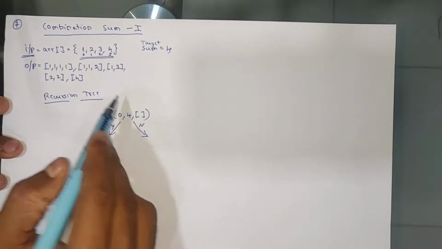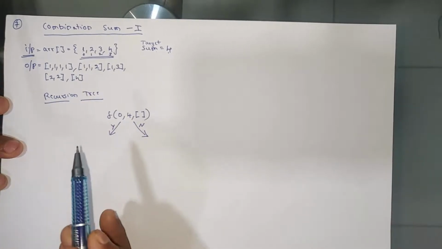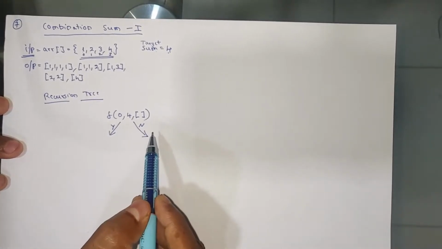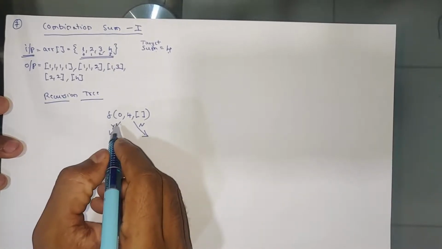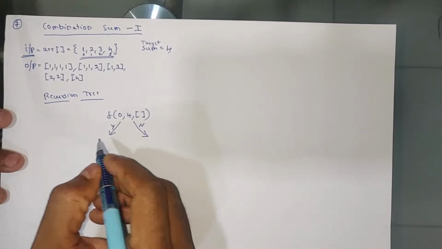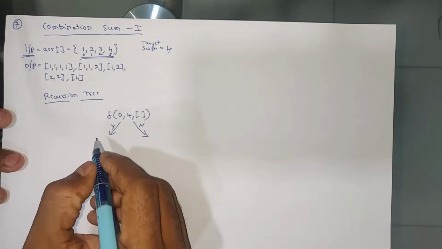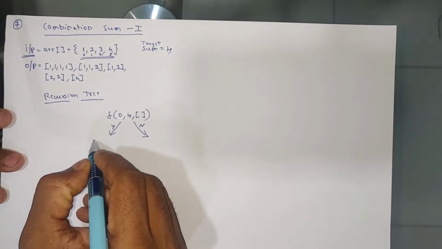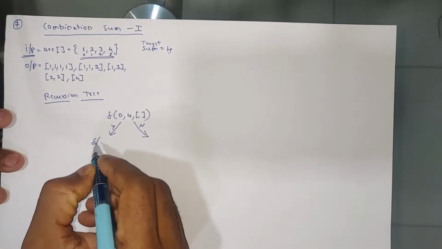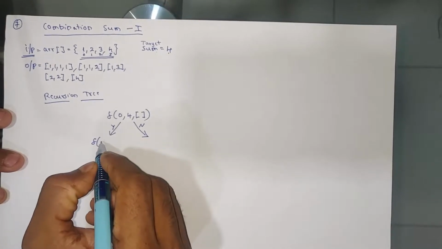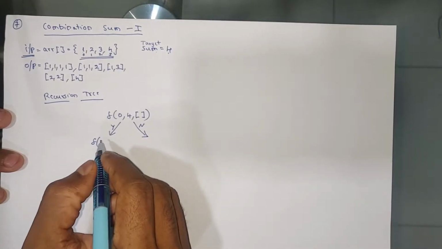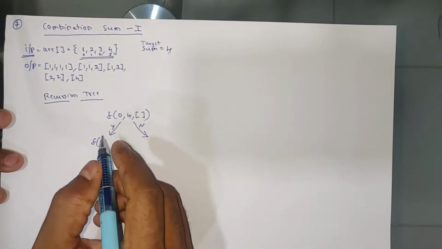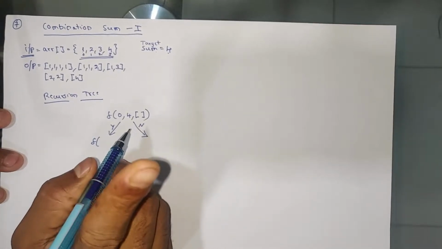I can have this element located at index 0, that is 1, in my result set, or I can exclude it. In case I include it in my result set, what would my recursive function look like? So my recursive function will look like this: function f. What would be my index here? Will it be 0 plus 1, or will it be 0?